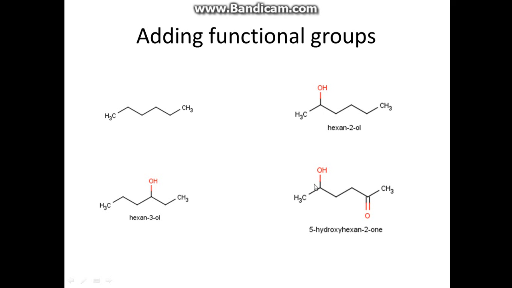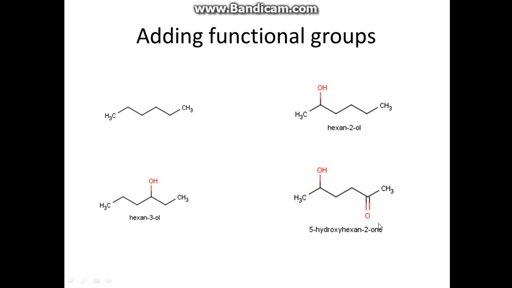But you can't number the alcohol 2 as well, because that implies they're on the same carbon. So what you do is count from this end, 1, 2, 3, 4, 5, which gives you 5-hydroxyhexan-2-one. Now, I'll discuss more about the order of precedence of functional groups later on, because it can get quite complex and there are a fair few rules about it.